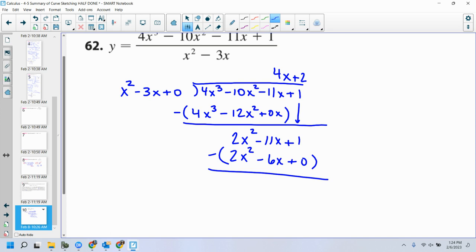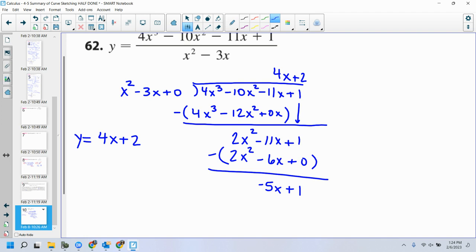Okay, this cancels. Minus 5x. Negative 11 plus 6 is negative 5. And now I stop because the degree in the remainder is smaller than the degree in the divisor. So I say y is equal to 4x plus 2.